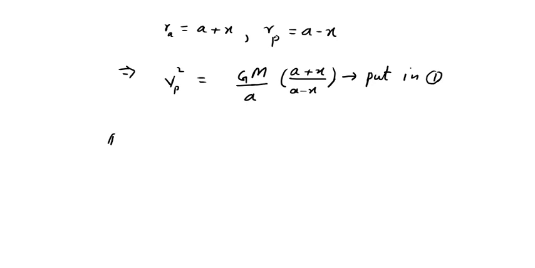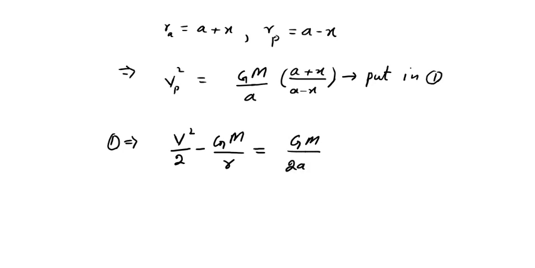So equation 1 implies v squared divided by 2 minus GM divided by r will be equal to, now Vp squared is actually this expression, so we can say this is GM divided by 2a, and this is (a plus x) divided by (a minus x), and minus GM divided by Rp.